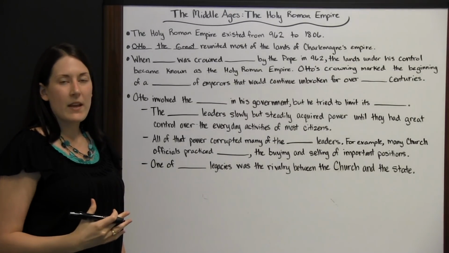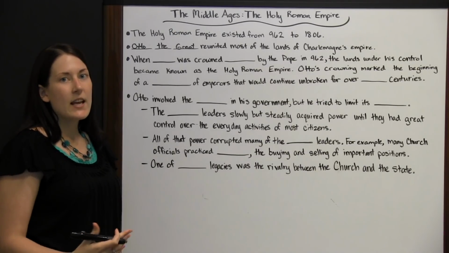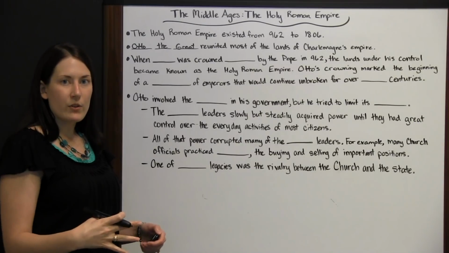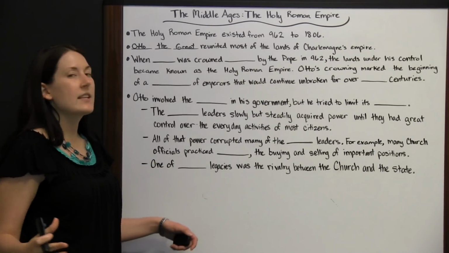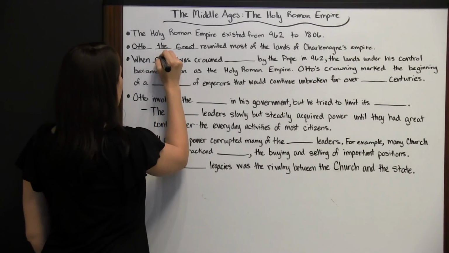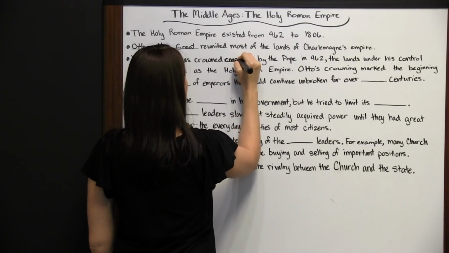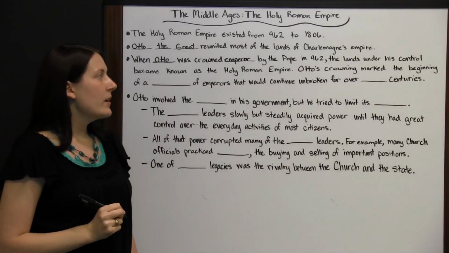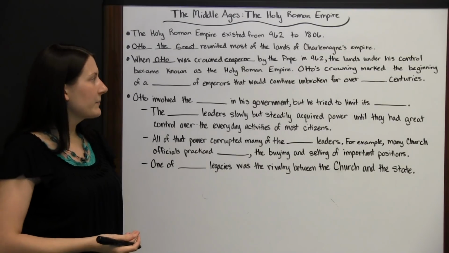So after Charlemagne died and his empire was split up among his 3 grandsons, the lands weren't going to be all under one ruler again until Otto the Great was able to do that, or at least reunite most of those lands. When Otto was crowned emperor by the Pope in 962, the lands under his control became known as the Holy Roman Empire.